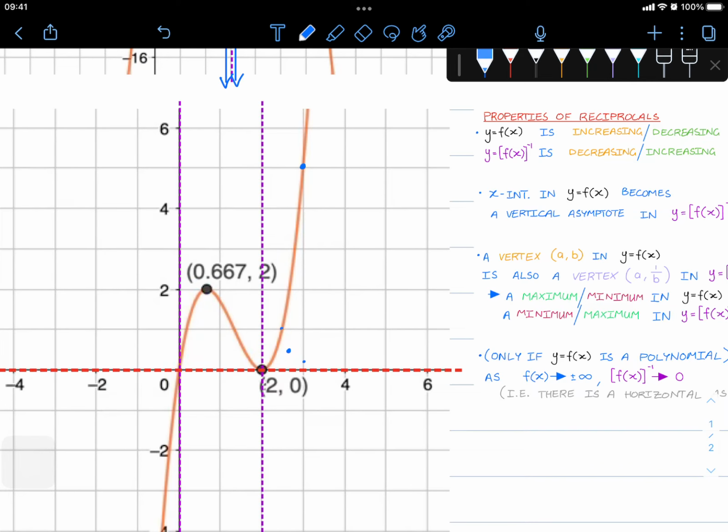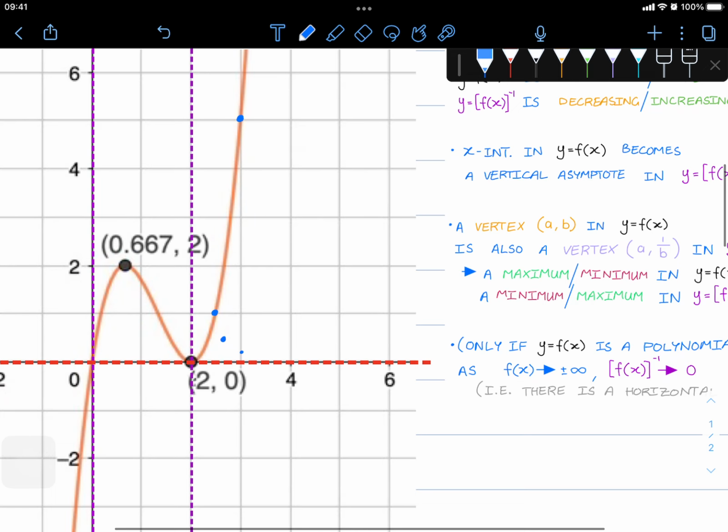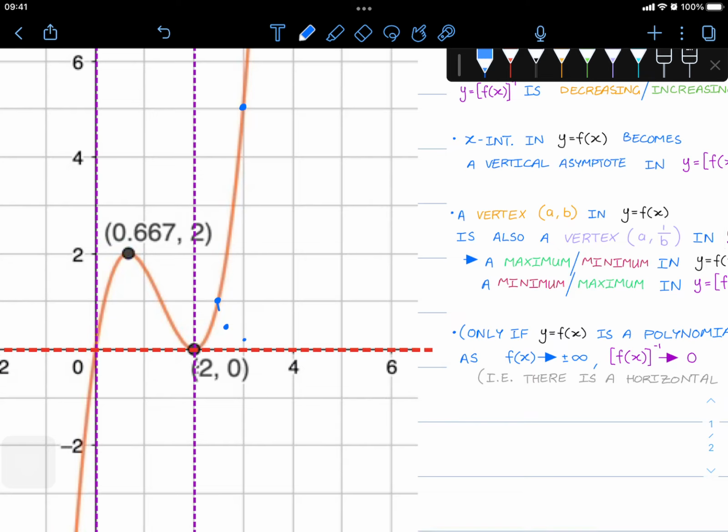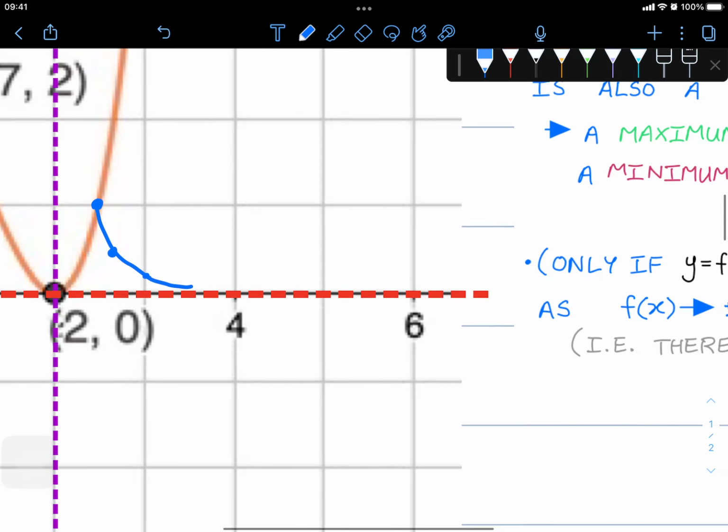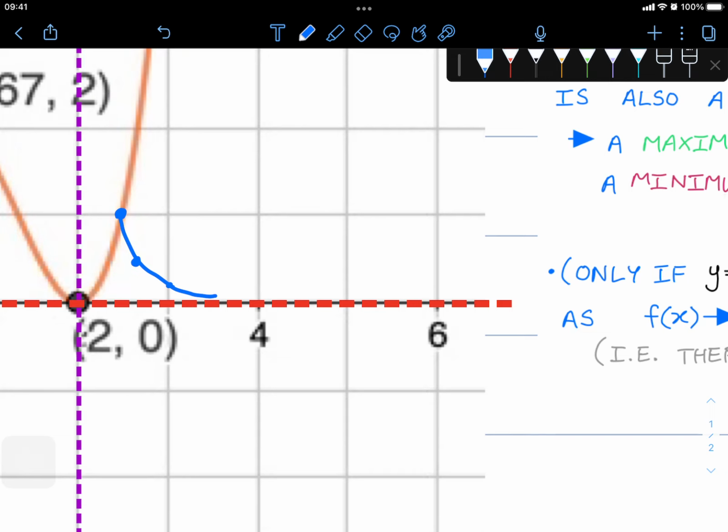This point is 1, so its reciprocal is 1. So already we can draw the curve that should look something like this. And then I'm just going to cheat and make a horizontal line because it's very hard to draw horizontal asymptotes.